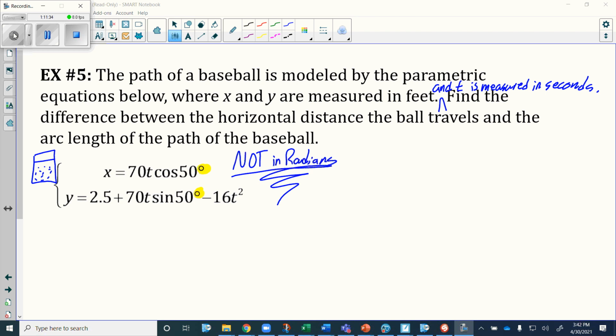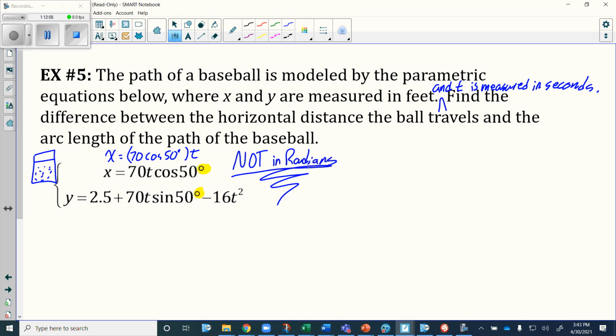The way this problem is presented on the slide is not the same as on the paper I did my notes with before, but it's okay. On the paper, it says x equals 70 in parentheses, 70 cosine 50 degrees t, and that's what was throwing me off. Something kind of looked off.